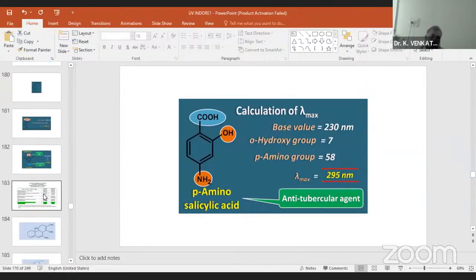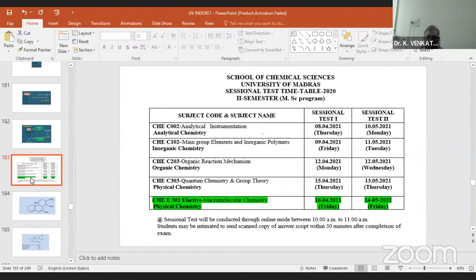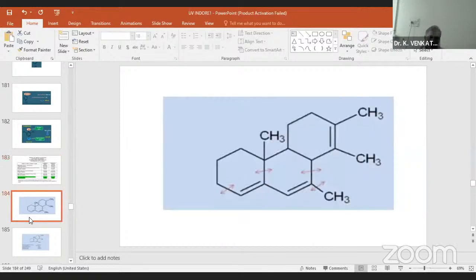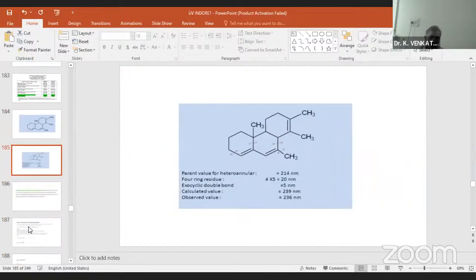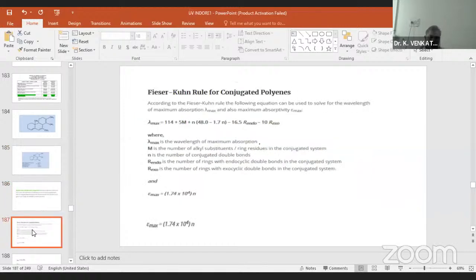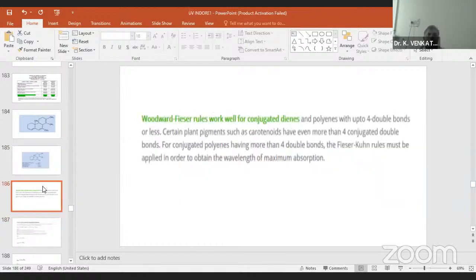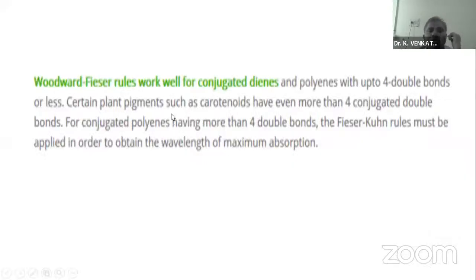And more than double bonds. So more than double bonds is present. So there is no need to explain already. The Woodward-Fieser rules work well for conjugated dienes and polyenes with up to 4 double bonds or less.